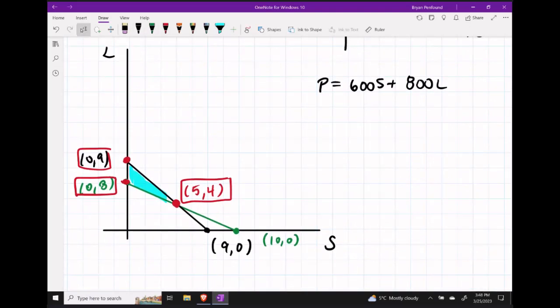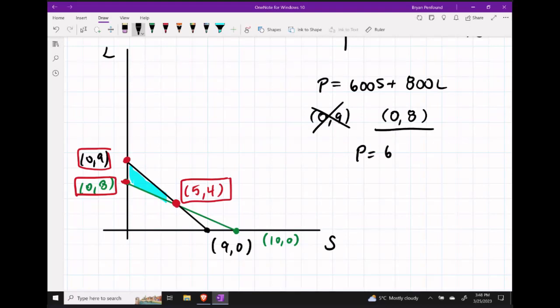We know that we're trying to minimize the cost, which is 600 for each small bus and 800 for each large bus. Let's take a look at 0, 9 and 0, 8. This implies that we either take 9 large buses or 8 large buses. Obviously, if we can fit all of the kids into 8 large buses, we don't need 9 of them. So that's not going to be the feasible solution.